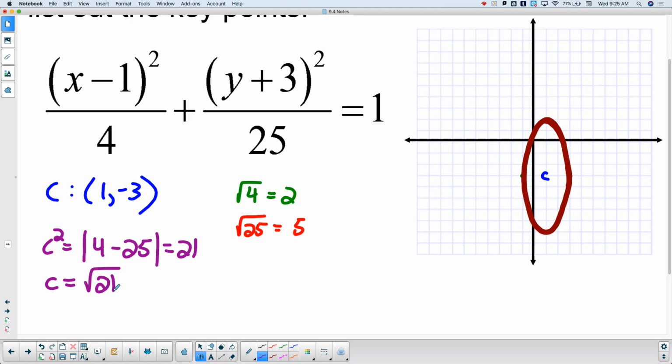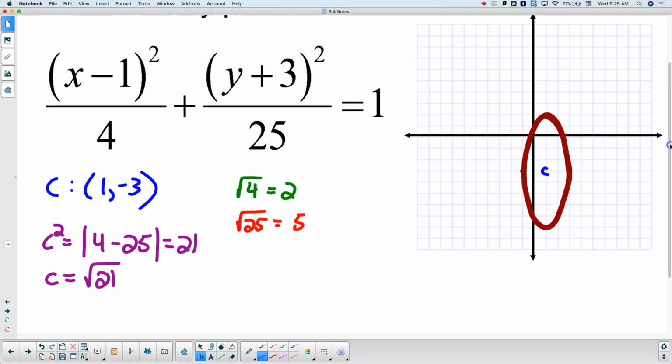Okay. Where from the center are my 2 foci located? Up and down or left and right? Up and down. So that's vertically, right? So I'm going to add and subtract the square root of 21 to which part of my center?